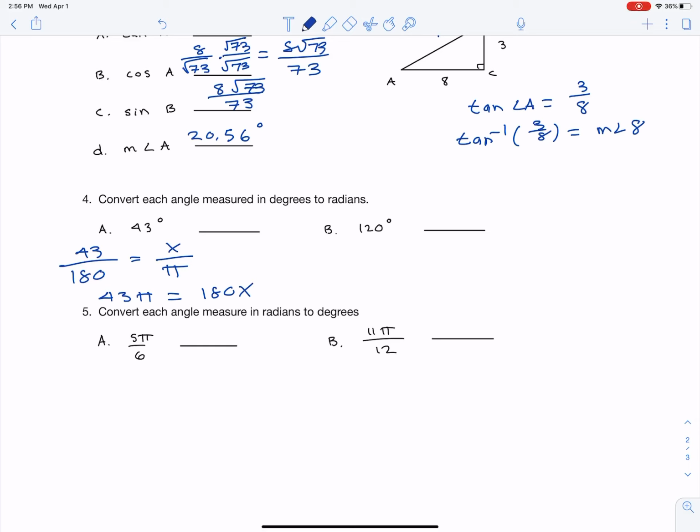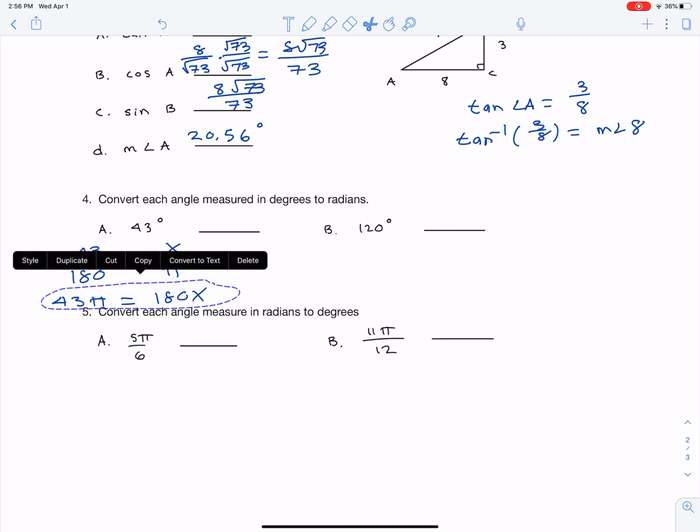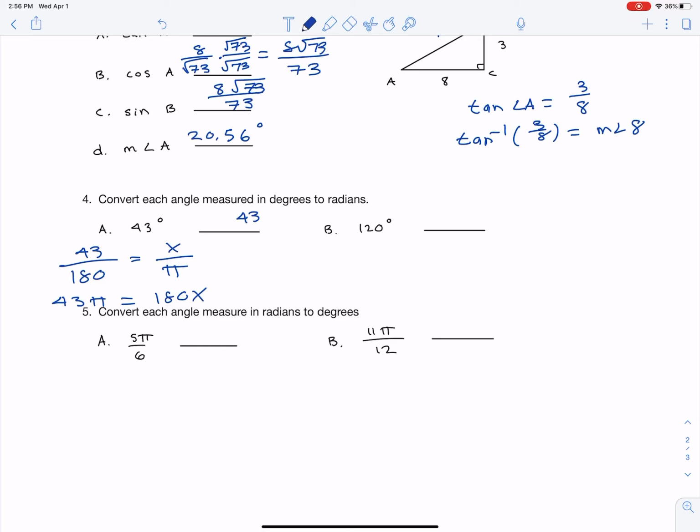In order to solve for x, I'm going to divide by 180. So what I'm going to get is 43 pi divided by 180 radians.